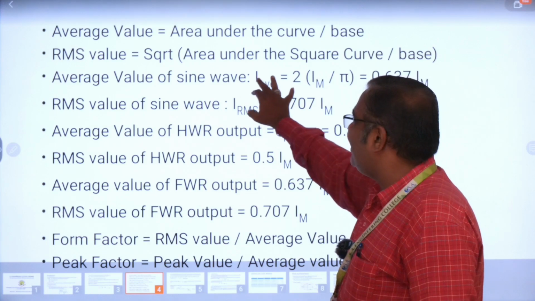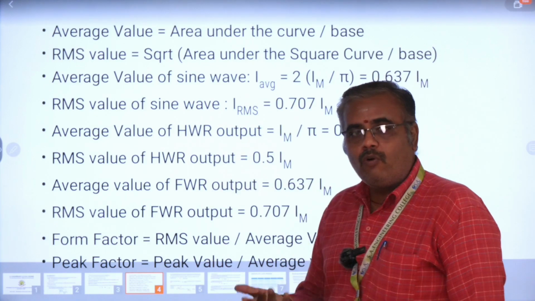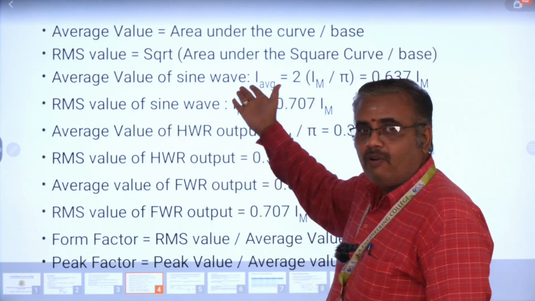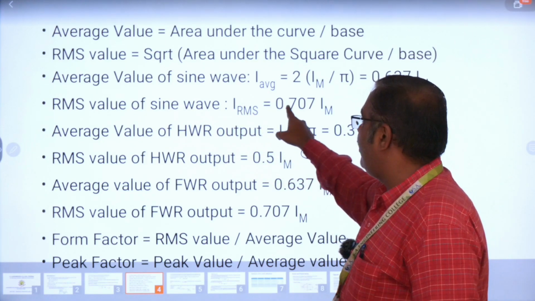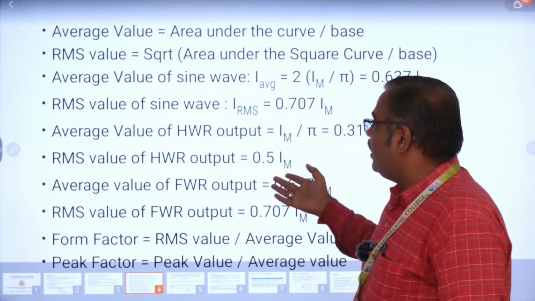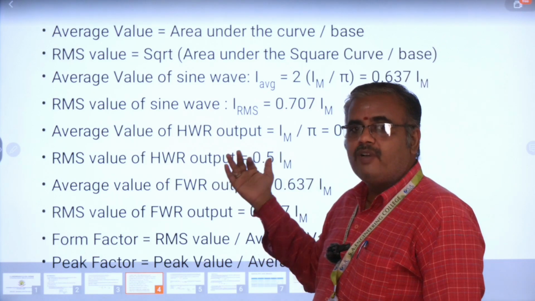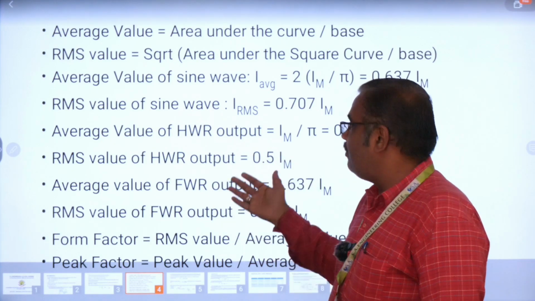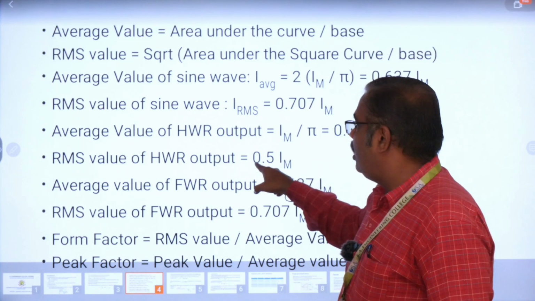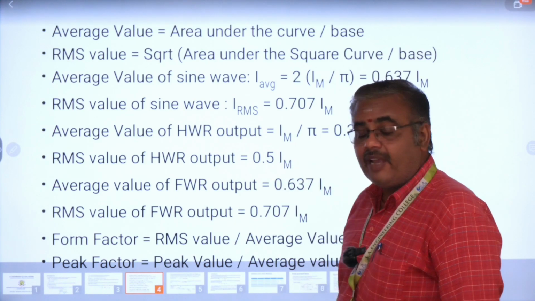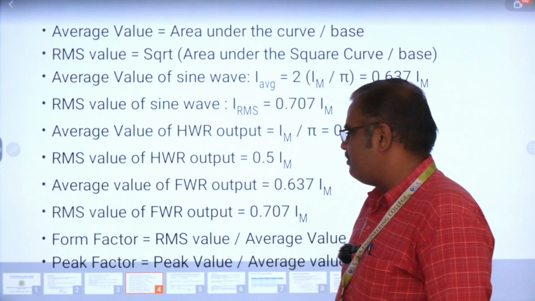Here I have taken current as my parameter. If you want voltage, you can calculate it too: VRMS is equal to 0.707 Vm. Likewise, for half wave rectified output, you get Im by pi as the average value and 0.5 Im as the RMS value.